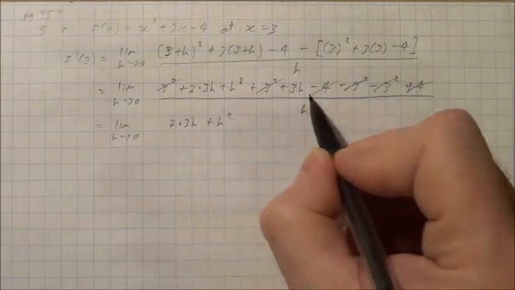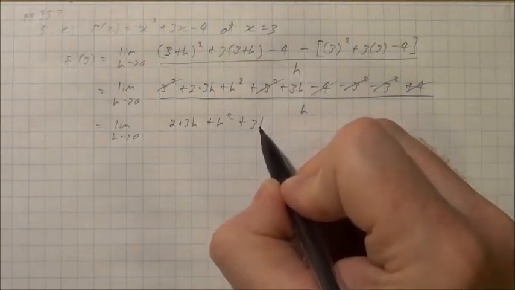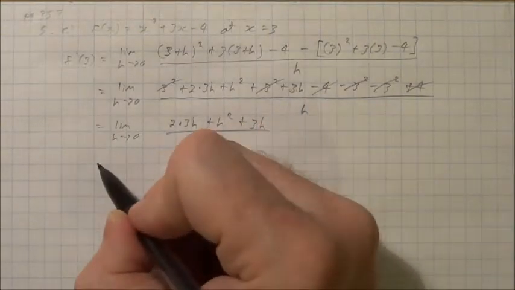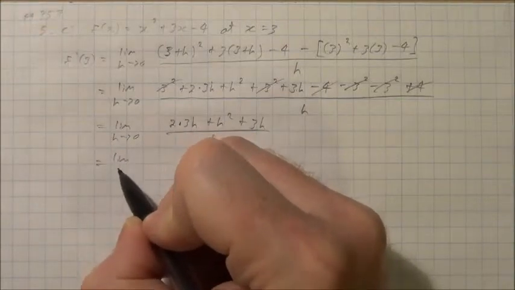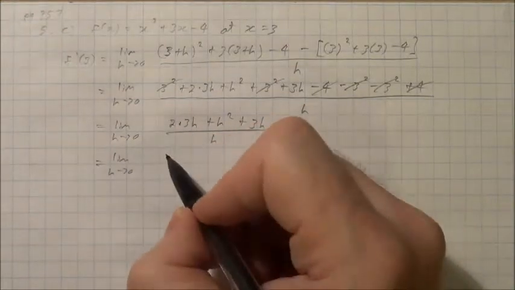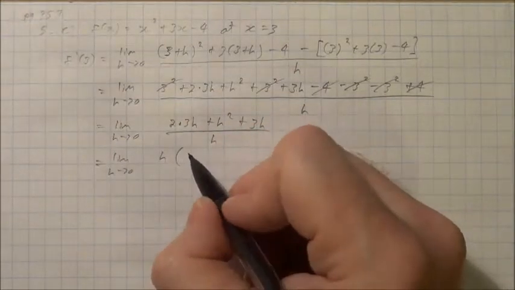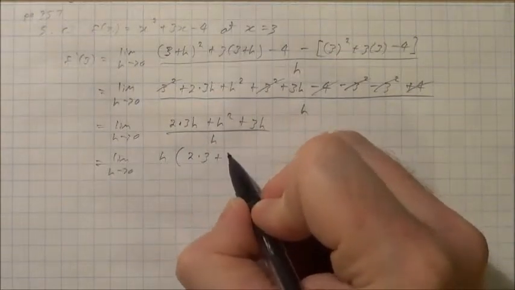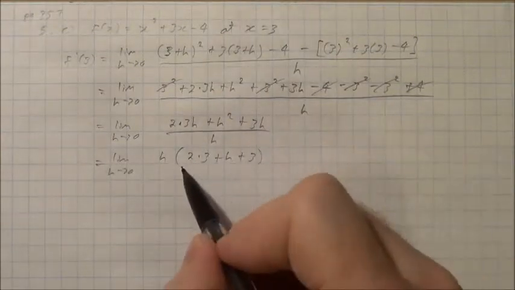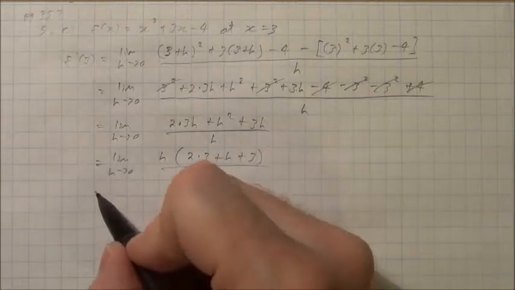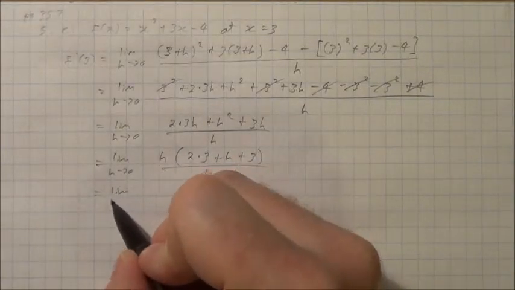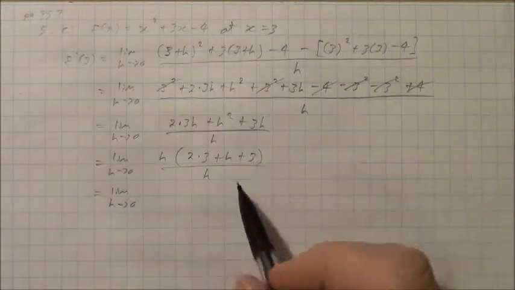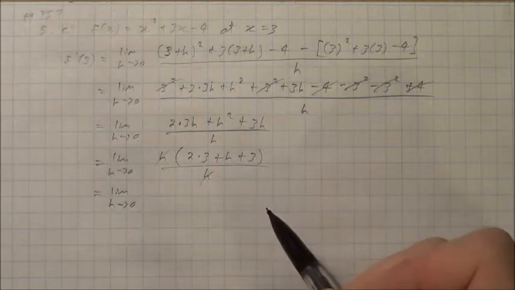plus h squared plus 3h all over h as h approaches 0. The limit, and I'll factor out the h here, 2 times 3 plus h plus 3 all over h as h approaches 0. So these h's will cancel out.